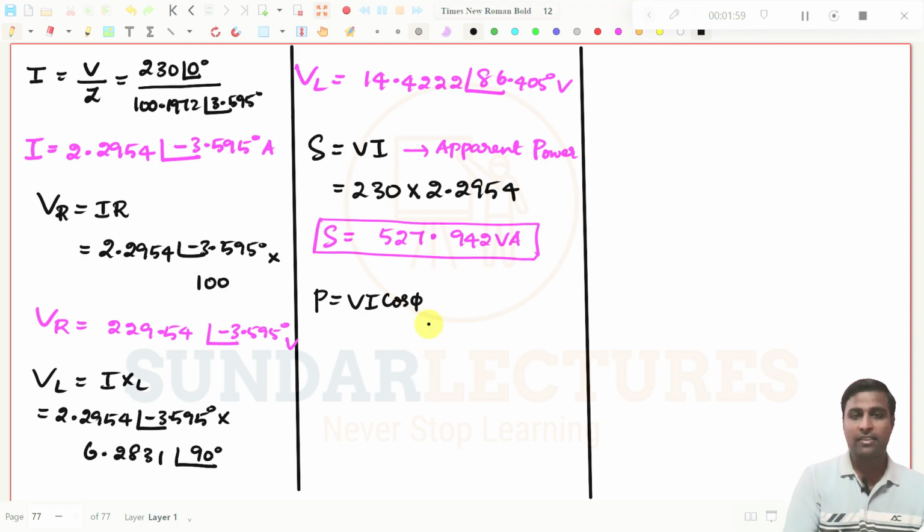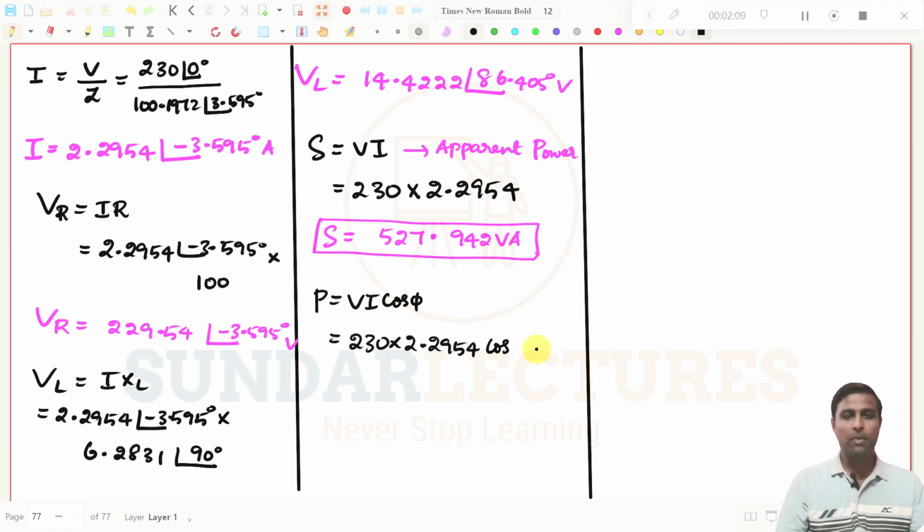And if I substitute these values, then it will be 230 into 2.2954 into cos of, what is this phi? This phi, I have already told you, you have to take from the current value. That is nothing but the phi value. It is the RL circuit, so obviously your current will lag the voltage by some degree, and that degree here is 3.595 degree, right?